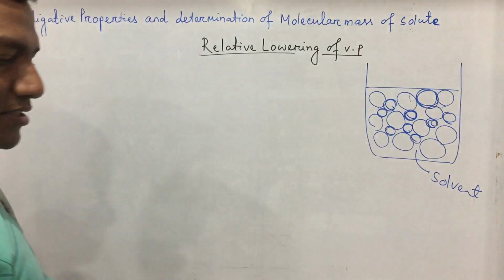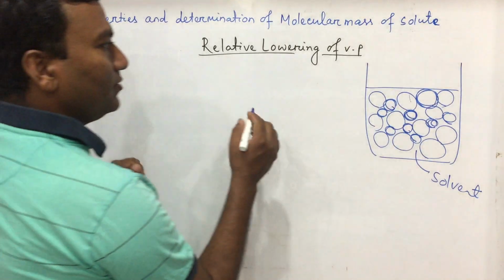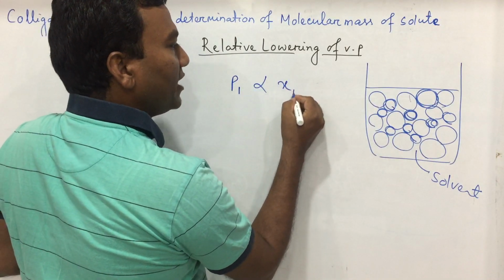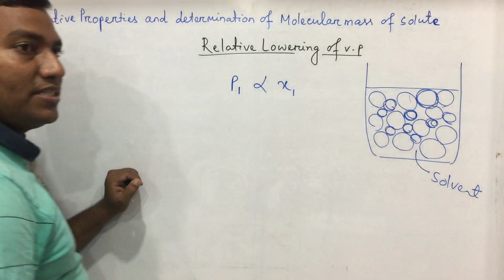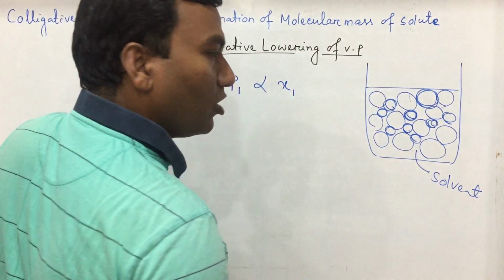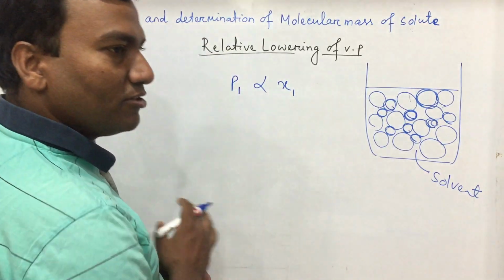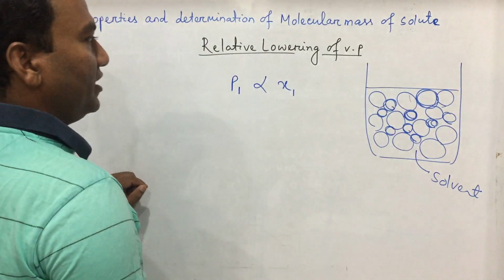According to Raoult's law, P1 is directly proportional to X1, because the second component is non-volatile, so its partial pressure P2 naught is not there, but X2 is there.